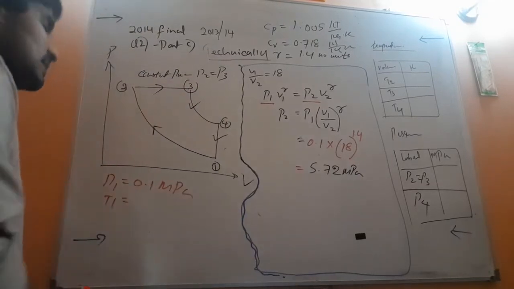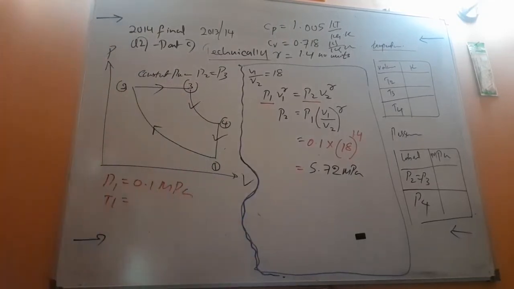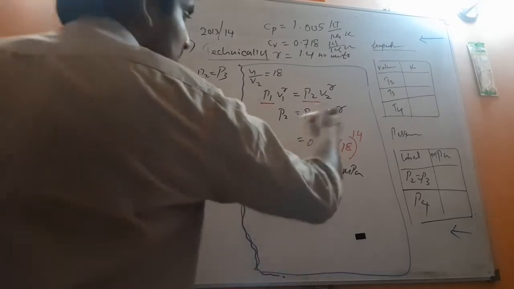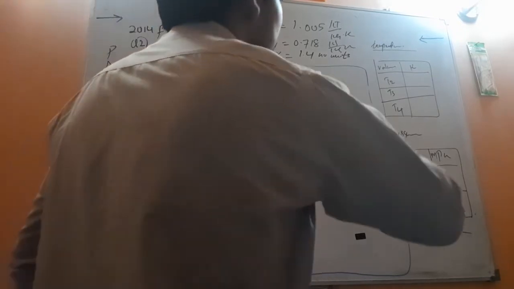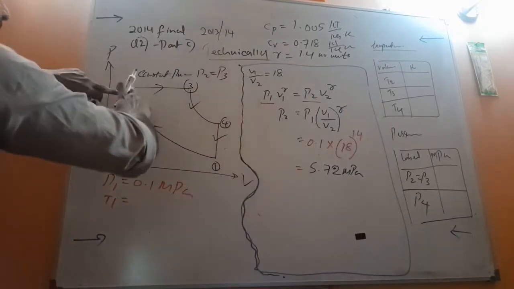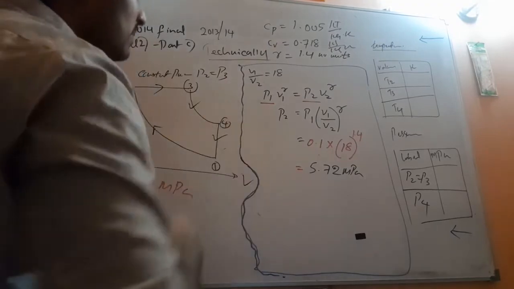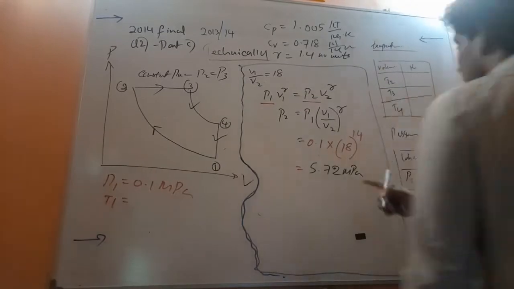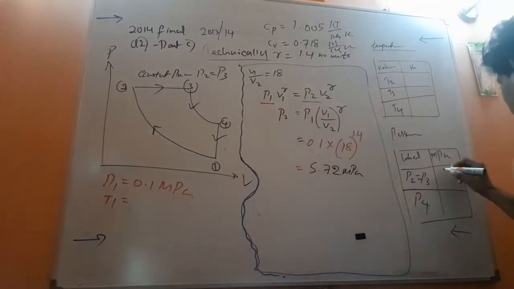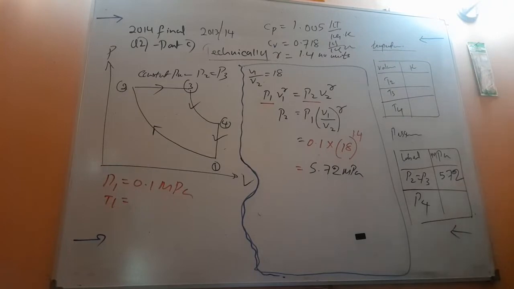Right? Is that the same value you are getting? Check it, guys. Simple calculation. Okay. So the same pressure would be applied there because it is a constant pressure process. So no problem. 5.72 units in megapascal. Multiplication type. So 5.72, right? Okay, right. So now I will erase that part.